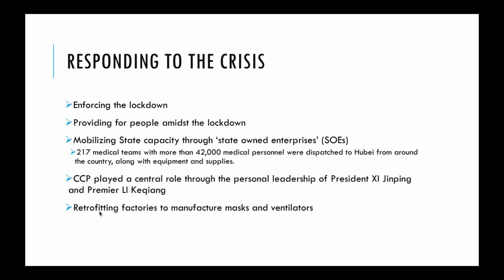Initially, in January and early February, they were trying hard to buy masks and ventilators from India, and we were trying to source from some companies. But by around the 10th of February, there was no need for any outside supply, because they were able to retrofit their factories to start manufacturing these essentials and move away from external need.